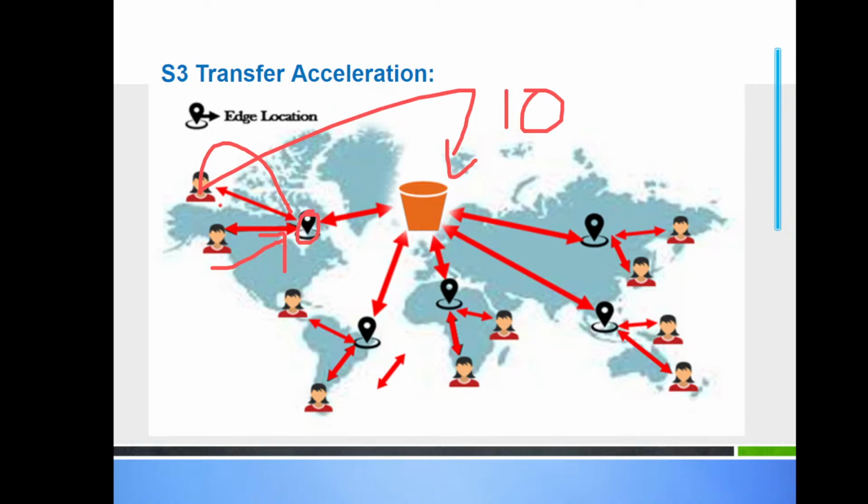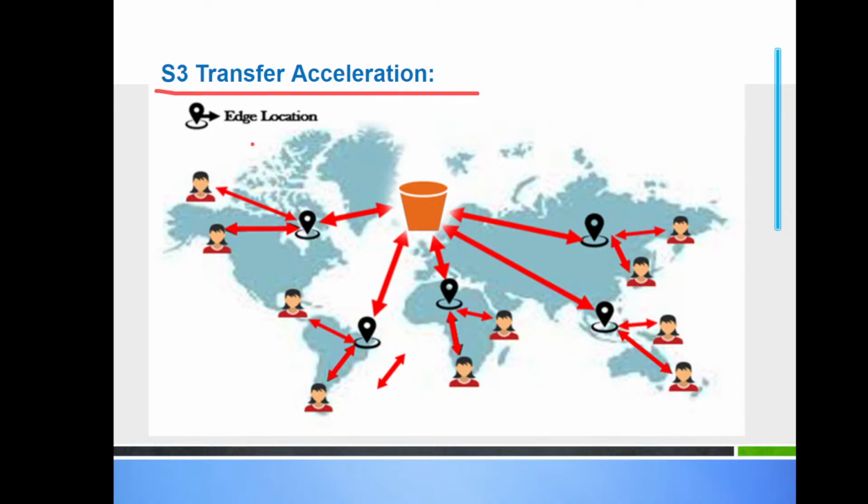Let's say it takes 6 or 7 minutes. Now your tension is over, your task is completed. Now it's Amazon's responsibility to move the data to S3, and it is very helpful if your bucket is very far from you. S3 Transfer Acceleration uses edge locations to upload your data to S3.